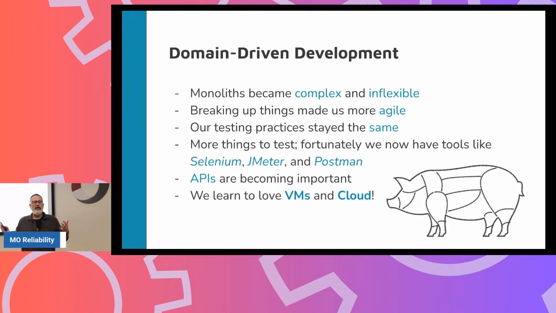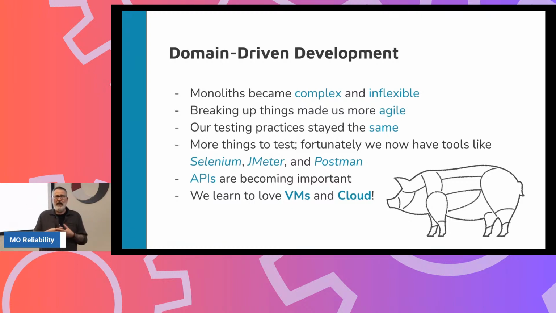They were able to work together in isolation from other teams, so they were able to work quickly, or at least more so. Testing practices stayed pretty much the same though, right? We created the application, we handed it off to QA, they went through, did the testing. Not talking about JUnit.